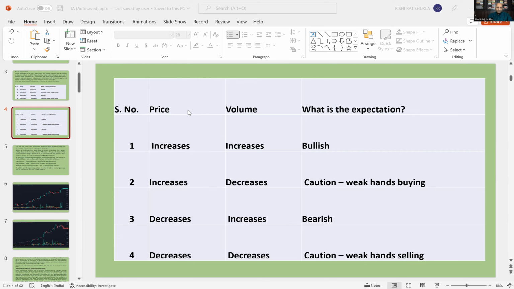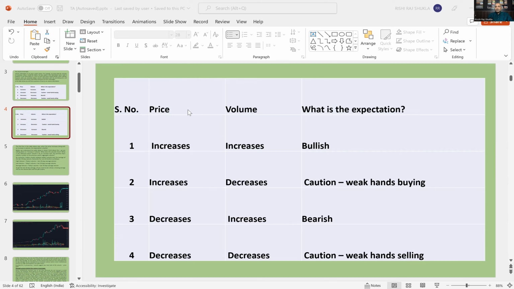We cannot say 100% that the reversal will happen. It may be possible that after some days the smart money comes and pushes the price up and pushes the momentum in an upward journey. This is quite possible. But as of that very day, when there is only an increase in price but a decrease in volume, that means there is no smart money, only weak hands are buying, and there are chances of reversal.